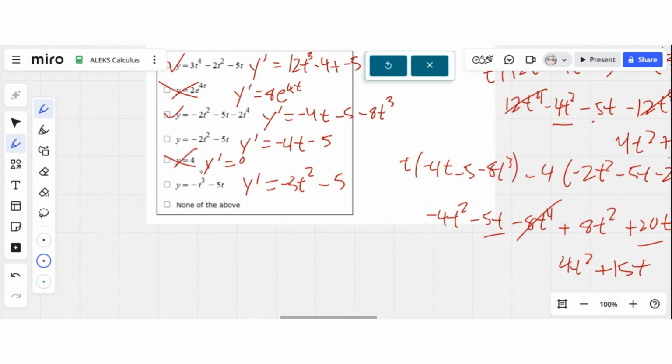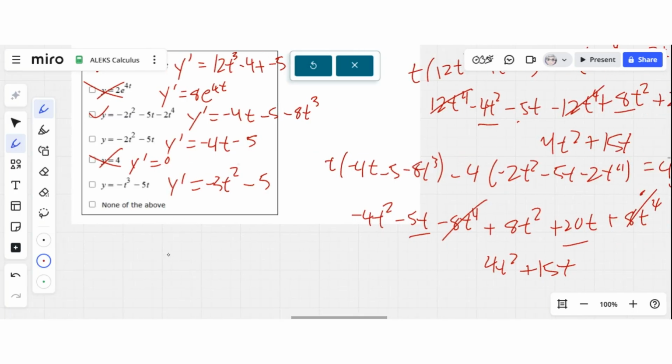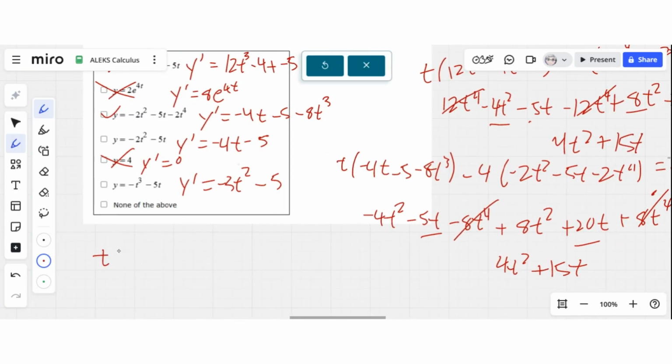Let's try the next one. So this one, we're going to have t times the derivative of y, which is negative 4t minus 5, minus 4 times the original function y, negative 2t squared minus 5t, and all that's supposed to equal 4t squared plus 15t.